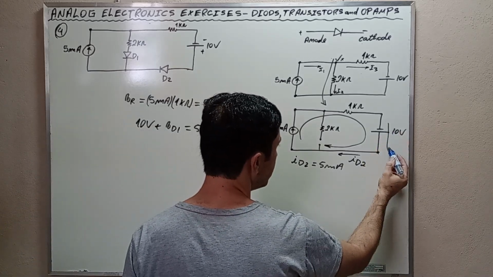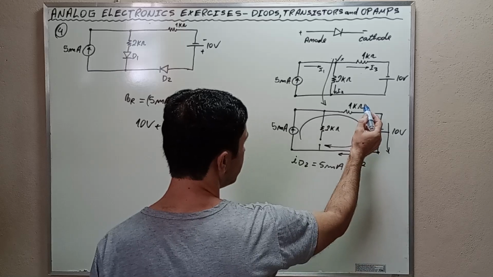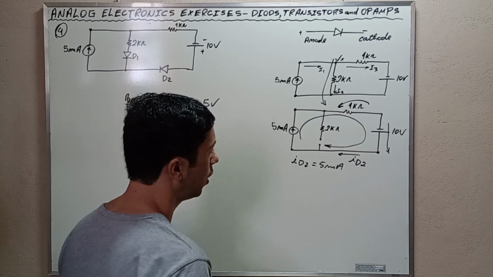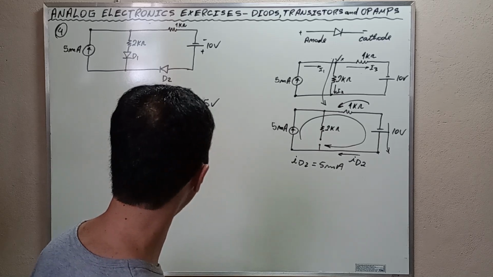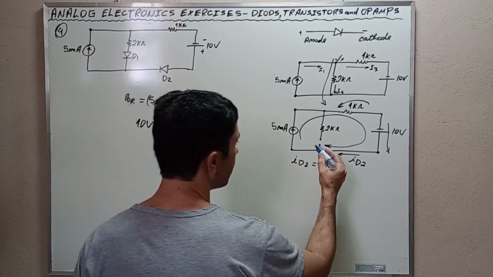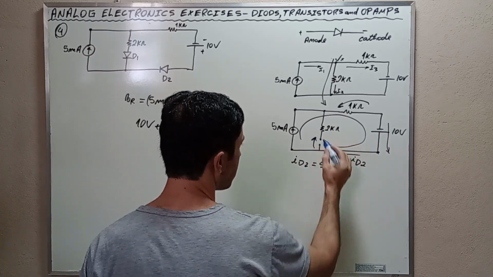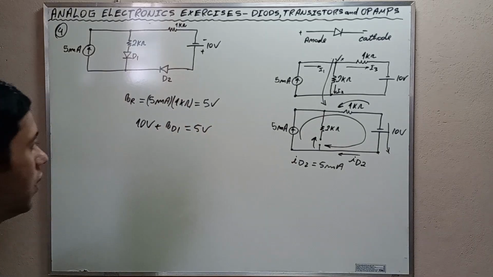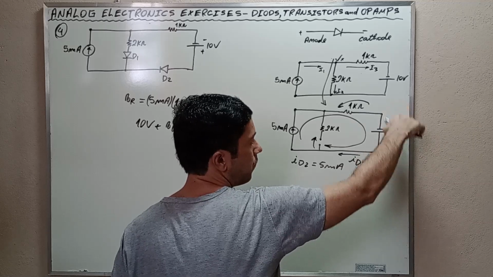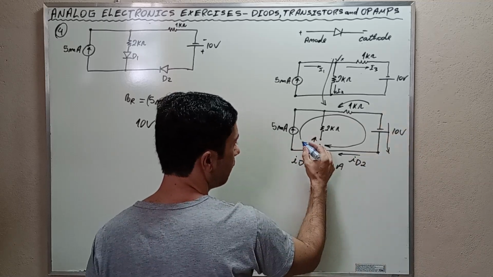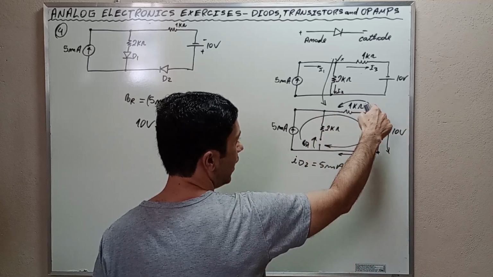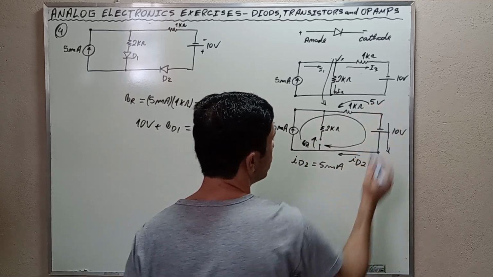From this voltage here plus this voltage here, VD1 is here. 10 volts plus VD1 has to be equal to 5 volts, okay?